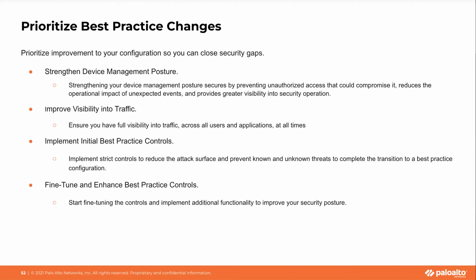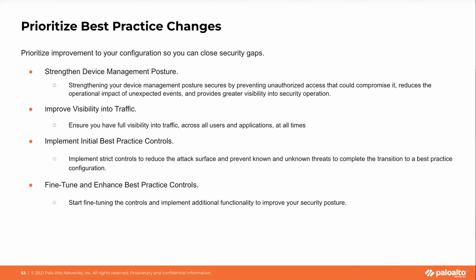Improve the visibility. You can't protect yourself against threats you can't see. So you must ensure that you have full visibility into the traffic across all the users and applications all the time. Complete visibility into the applications, content, and the users on your network is the first step towards informed policy control.